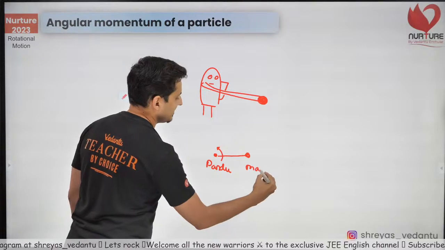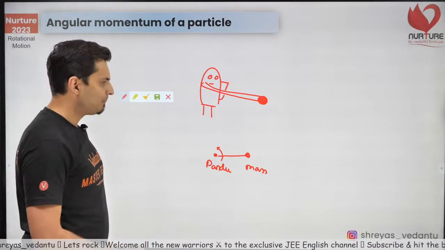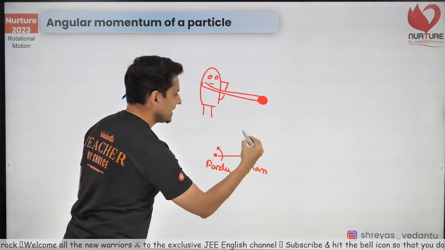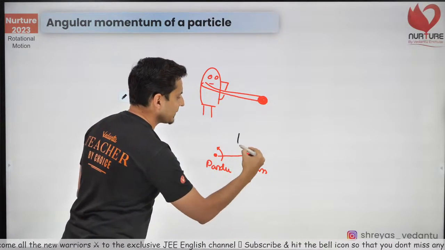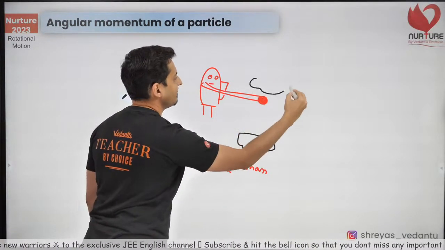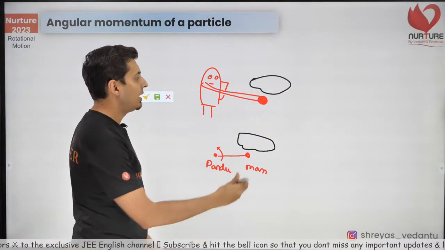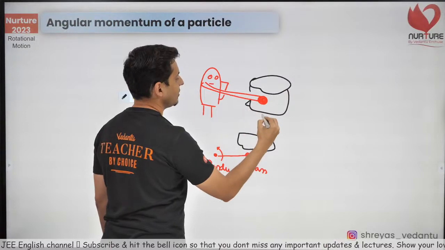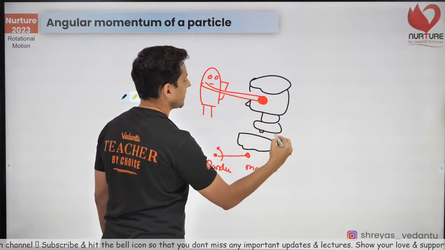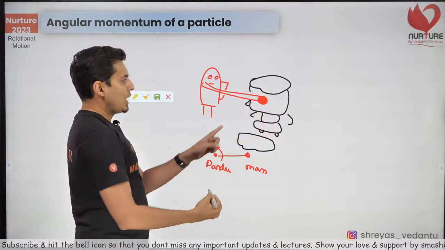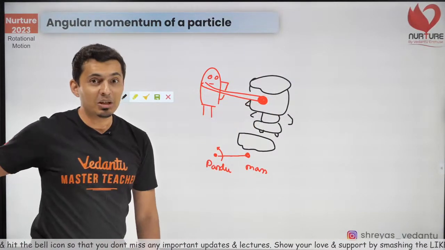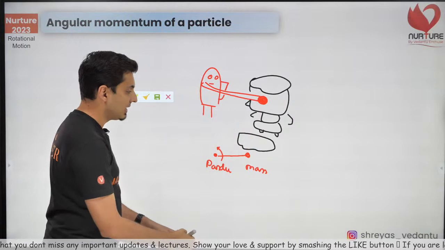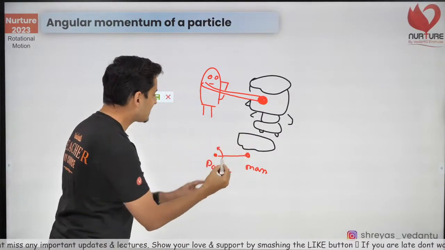This is that mass. Now, just visualize if there was some body in front of him. Maybe he's slapping some other guy. This is some other guy who is there in front of him, and Pandu is hitting that other guy with that heavy mass.